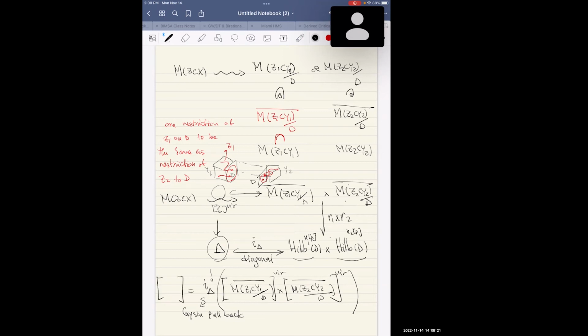That would be this thing, the virtual cycle. I'm going to call it the virtual cycle of the moduli space over t equal to 0. Why?